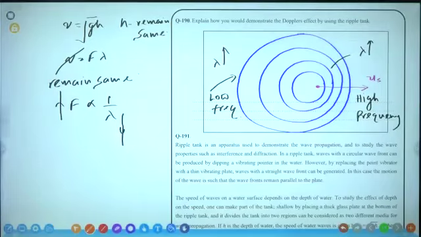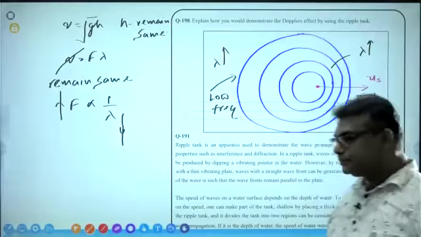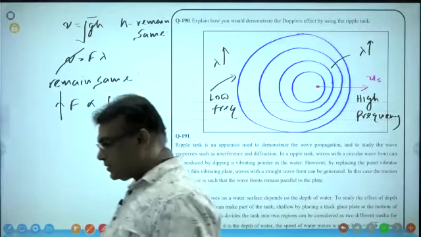Place a rotating motor on the water surface of the ripple tank.